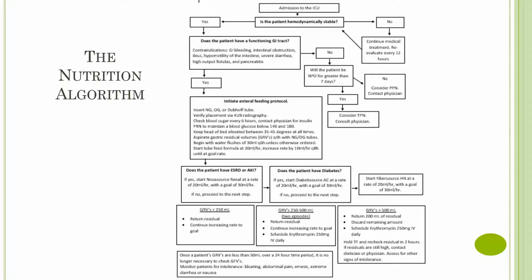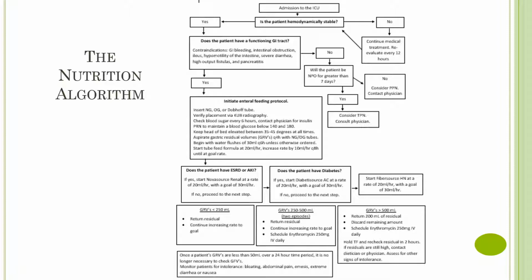Keep the head of bed elevated between 35 to 45 degrees at all times. Aspirate the gastric residual values every 4 hours with NGs and OG tubes. Begin with water flushes of 30 mils every 6 hours unless otherwise ordered. And then start specific tube feeding formulas at 20 mils an hour, increased by 10 mils an hour every 8 hours, until at goal rate.